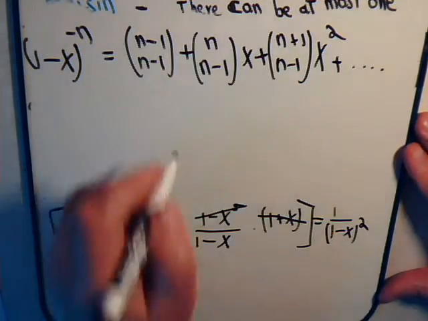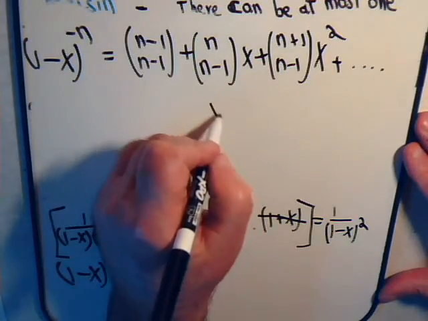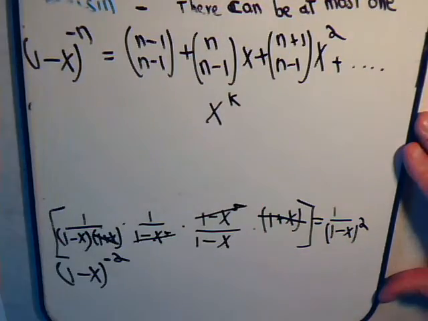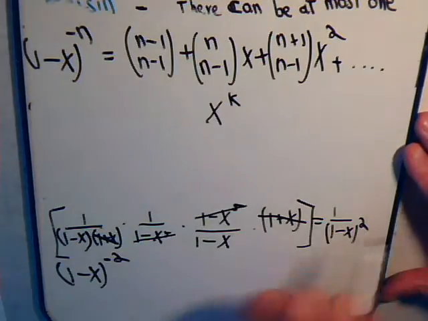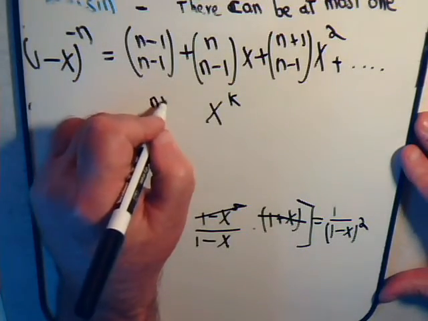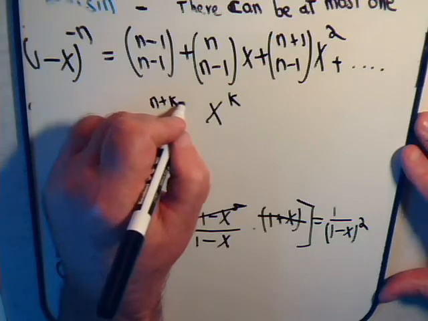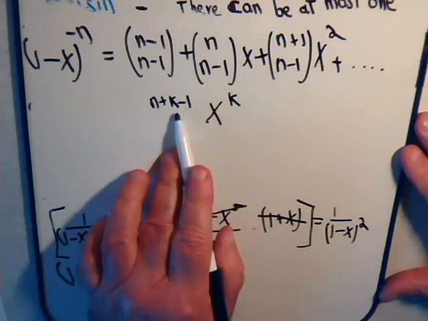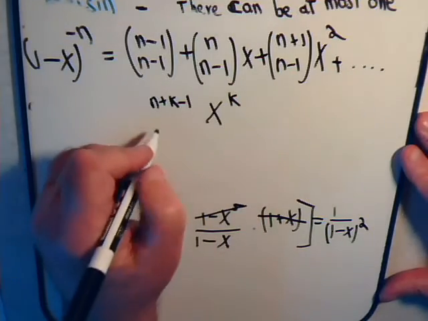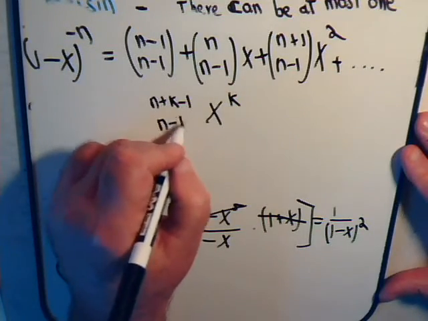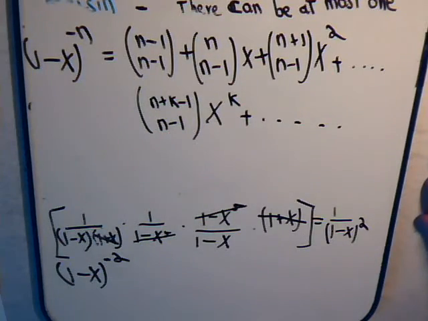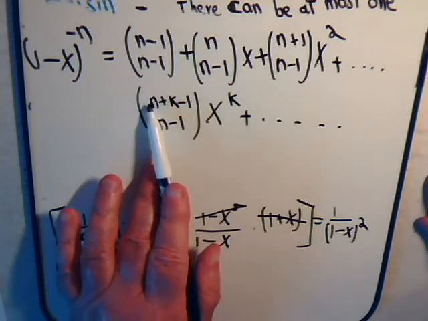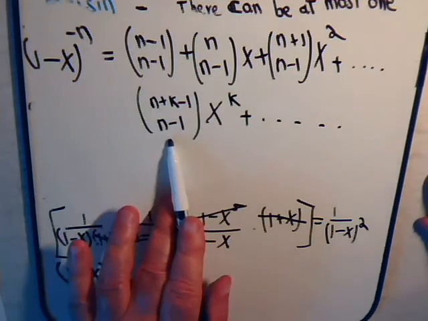What's of interest for us then is that the coefficient of x to the k is, the number here has to be 1 less than this. So this would be n plus k minus 1. This number is 1 less than this one over n minus 1. And we have all these other terms. But the coefficient of x to the k is this right here.